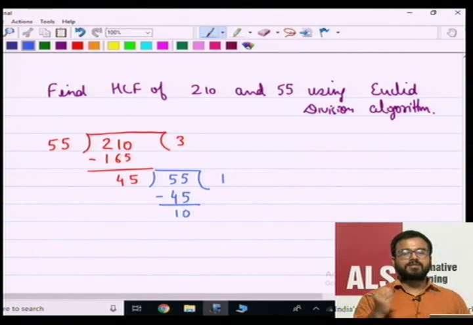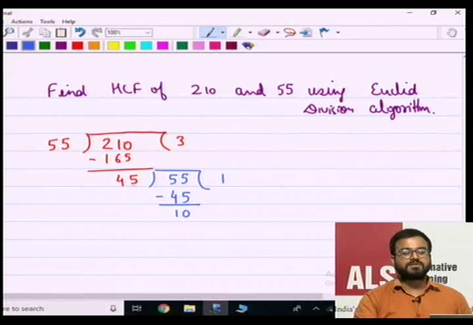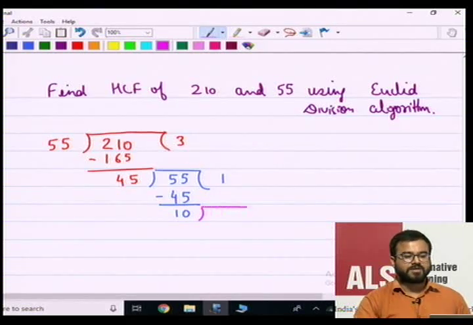Again the remainder is not 0, so the divisor in this step becomes the dividend in the next step. So that 45 will become the dividend. Dividing by 10, it goes 4 times, which is 40, and we get remainder 5.